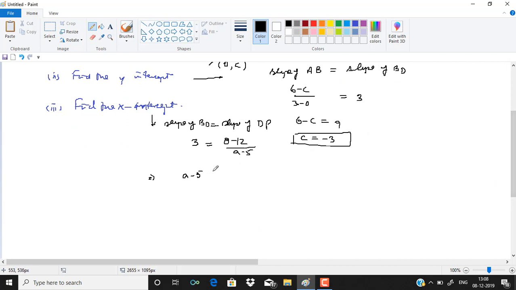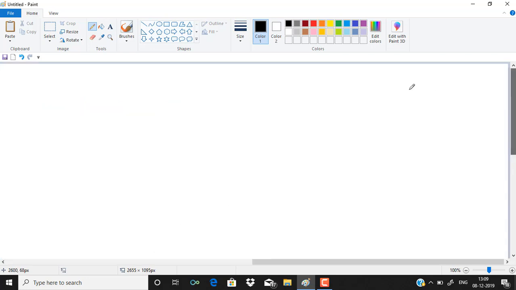A minus 5 equals minus 12 over 3, means a minus 5 equals minus 4. So a is equal to 5 minus 4, which is 1. So slope is 3, y-intercept is minus 3, x-intercept is equal to 1. One thing more, average rate of change means slope only.